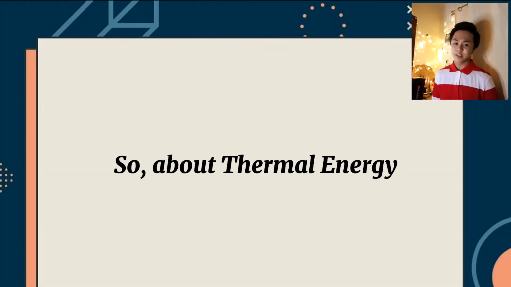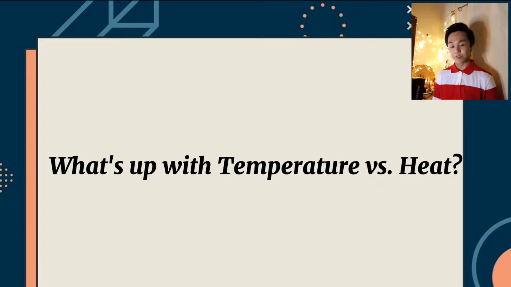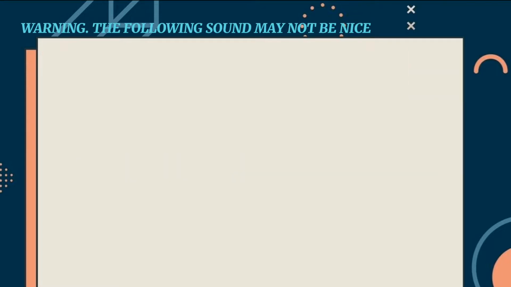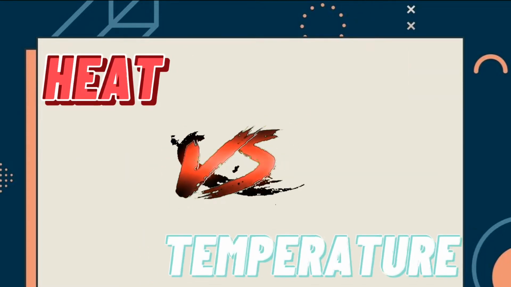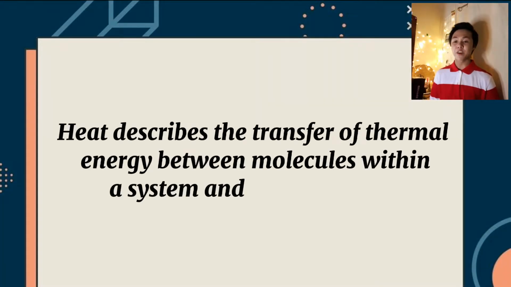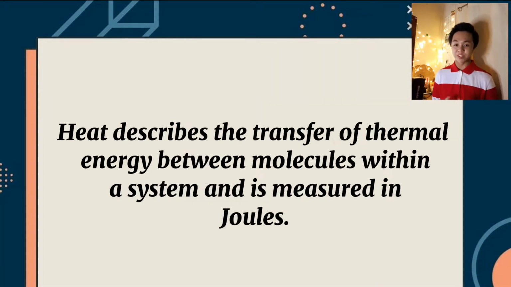So about thermal energy, what's up with temperature versus heat? Heat versus temperature. Heat describes the transfer of thermal energy between molecules within a system and is measured in joules.